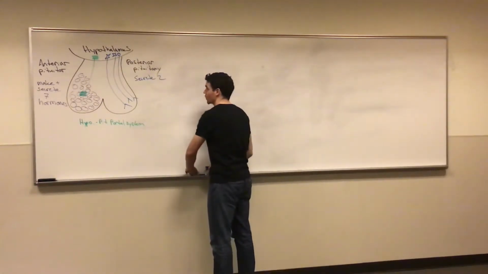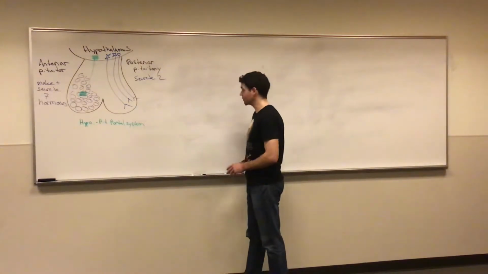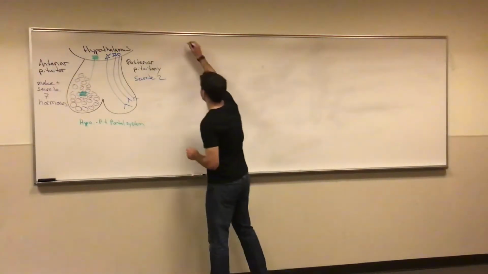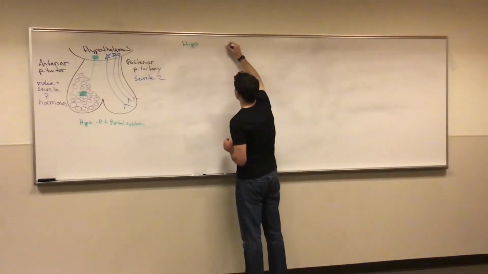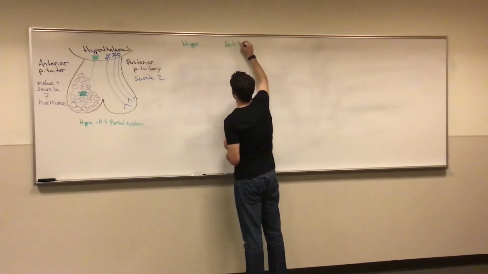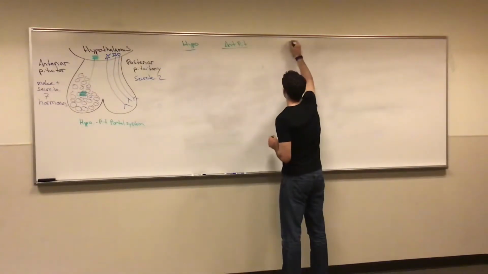Now let's go over the hormones themselves. So we have hypothalamus, we have anterior pituitary, and then we'll call periphery.